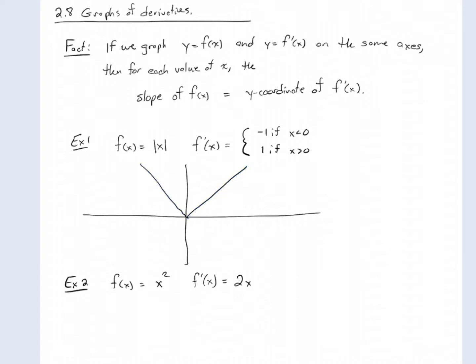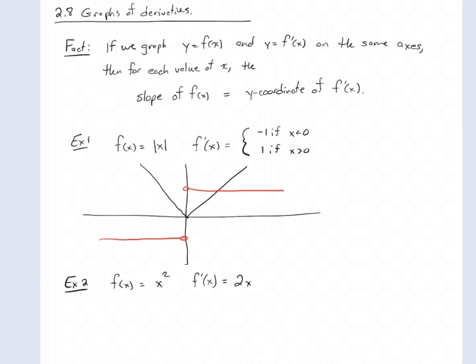So if we were to graph this, the slope is -1 over here, and then changes to +1. And notice there's an abrupt change here. It doesn't go through, it changes immediately from -1 to 1. So we've got a place here at x equals 0 where the function is not differentiable.